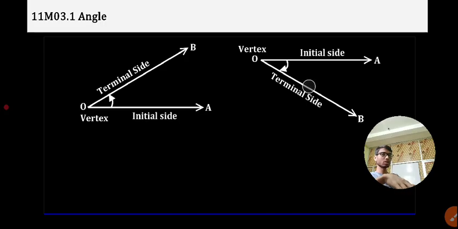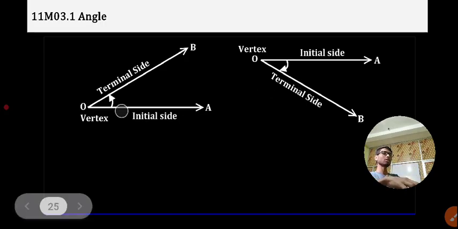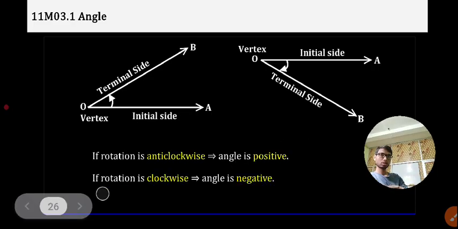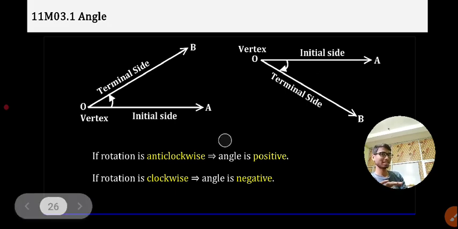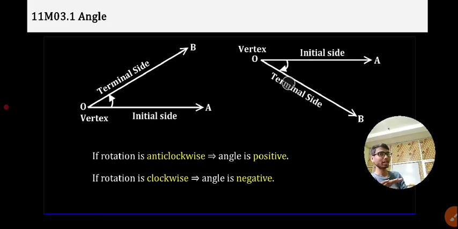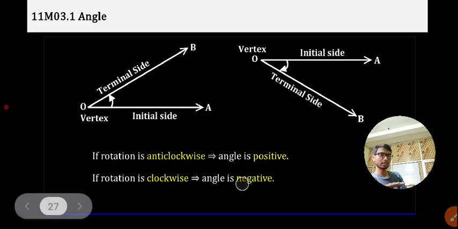This is working like the hand of a clock, and this is just opposite of the clock. So if rotation is anti-clockwise, this angle would be positive. If rotation is clockwise, this would be negative, because it is rotating negatively. That's all.